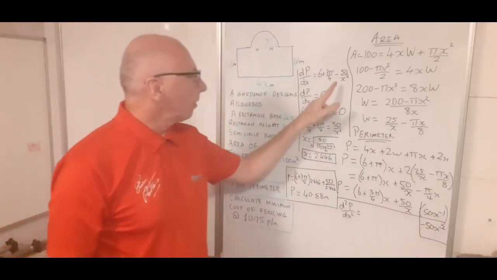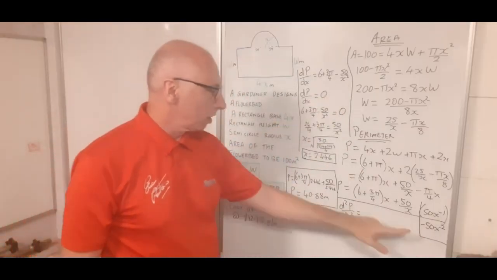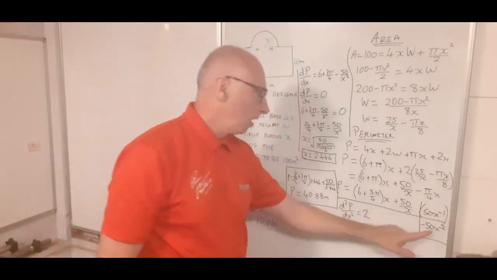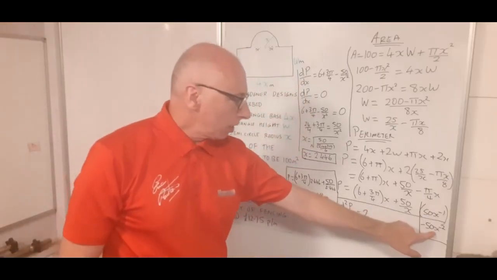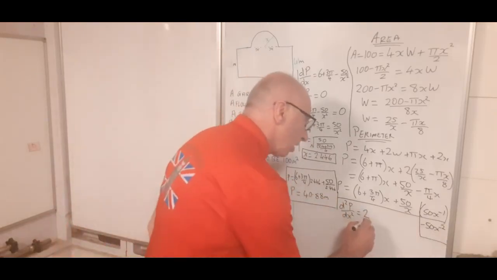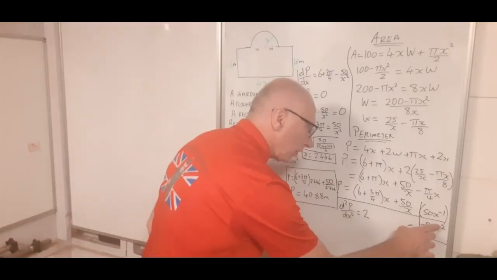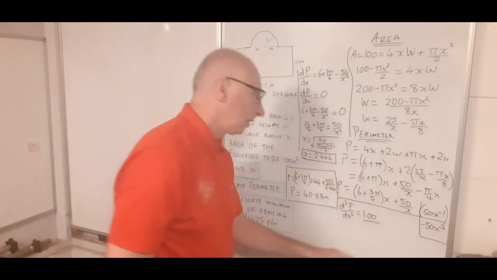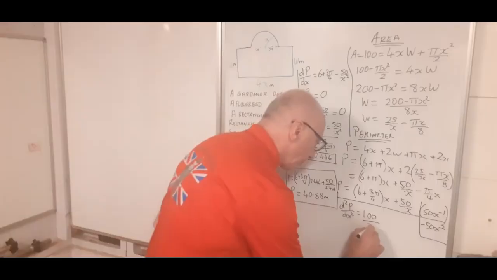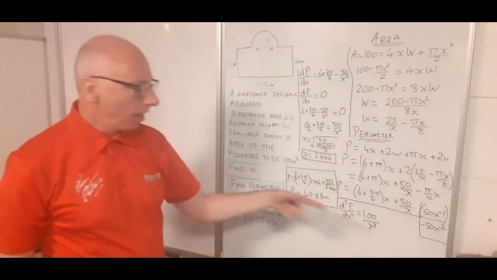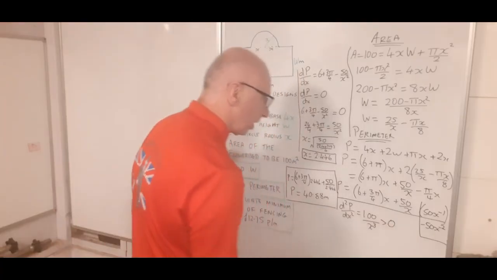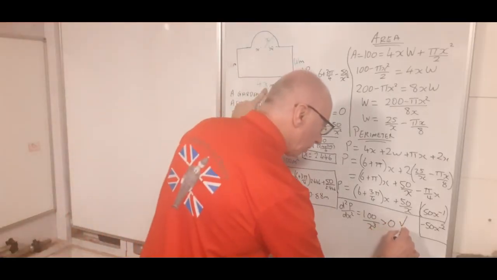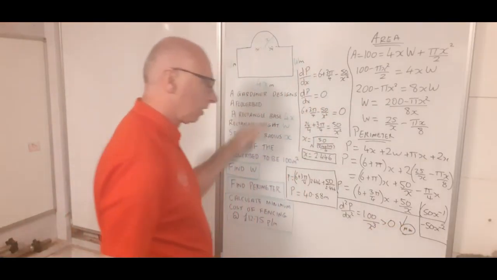Multiply by minus 2, so that's going to give me plus 2 times x to the minus 3. So I've got 50 times 2, that's going to give me 100, divided by x cubed. Now whatever value of x I plug in there, that's always going to be greater than 0, because x can't be negative. So therefore my minimum check is sorted.